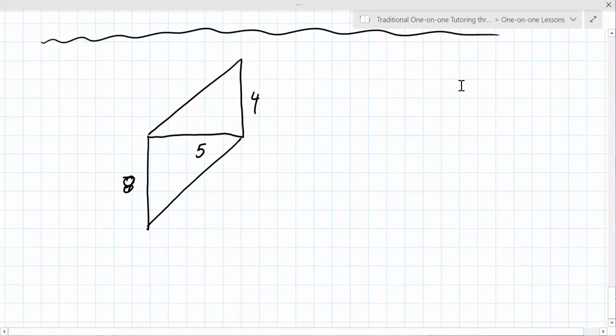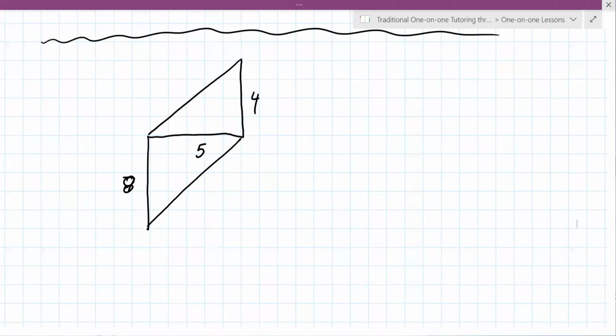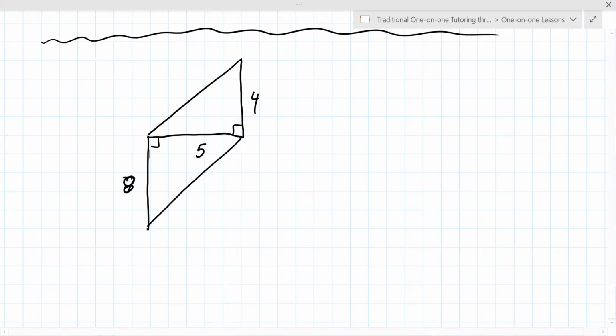I want you to find the area of each triangle. So there's this top triangle and this bottom triangle.